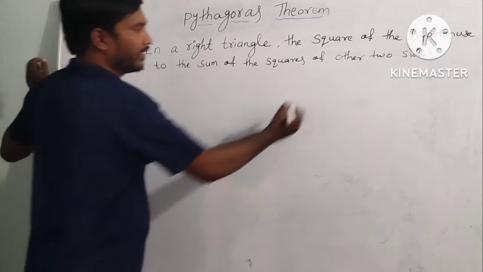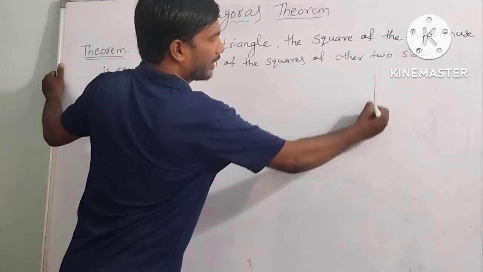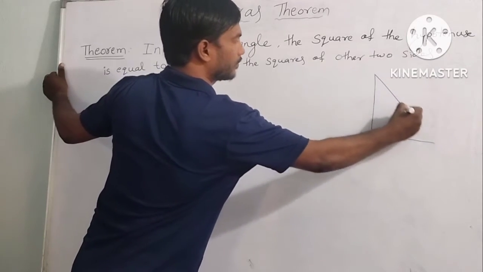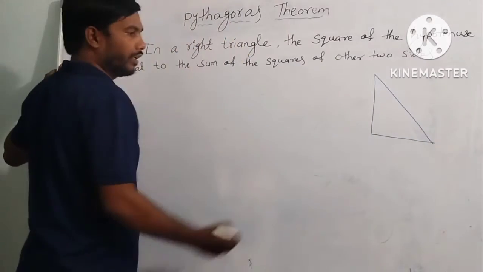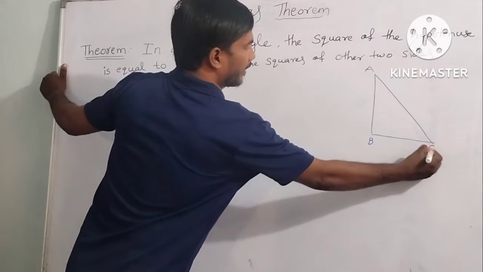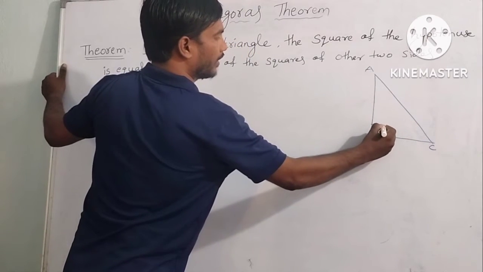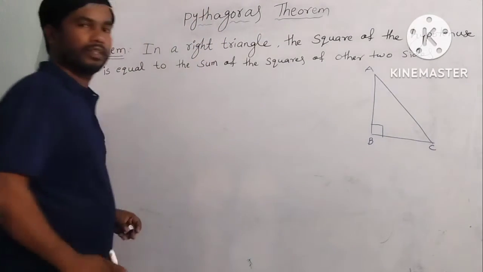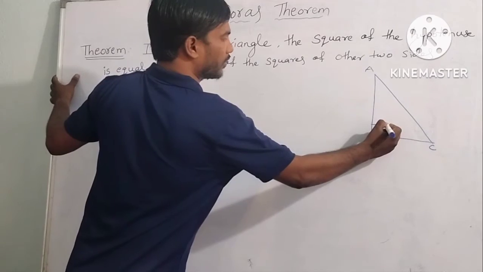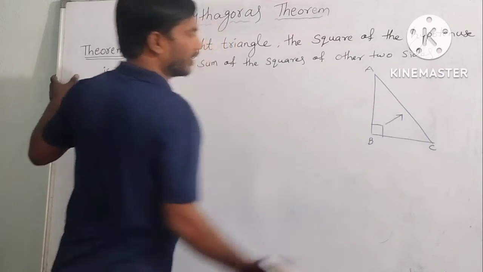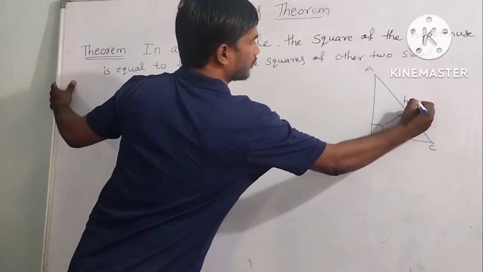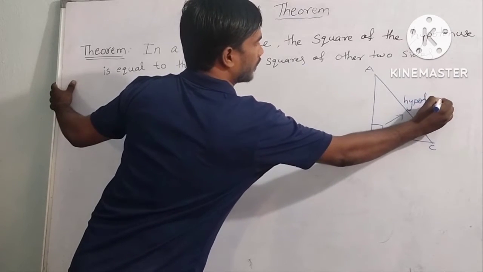If you take one right angle triangle, here it is triangle ABC, right angle at B. The side opposite to the right angle is called the hypotenuse.